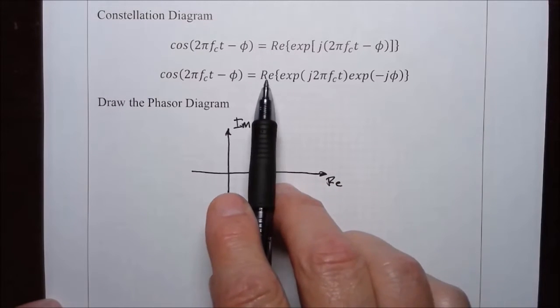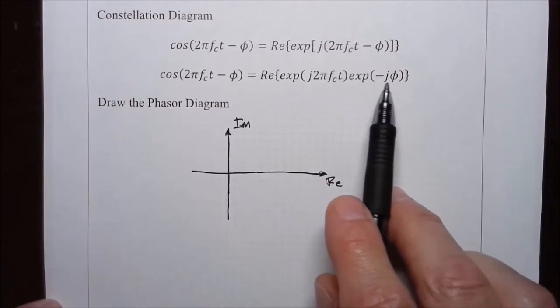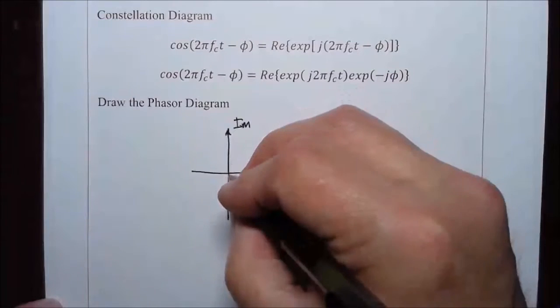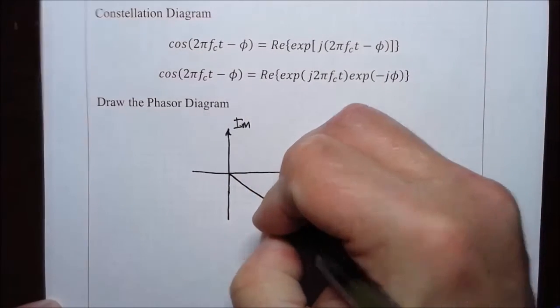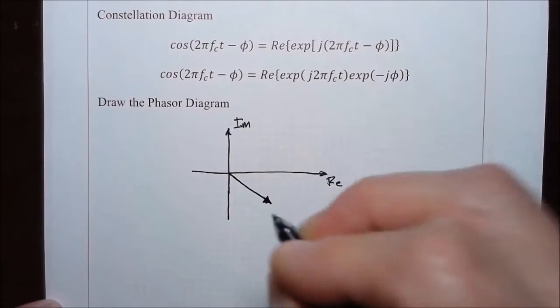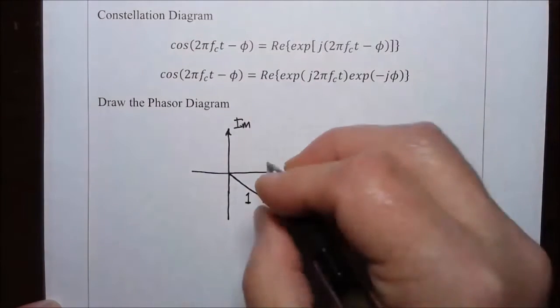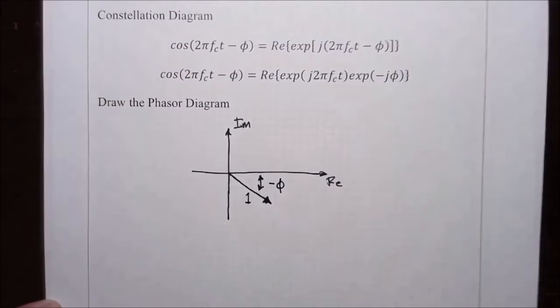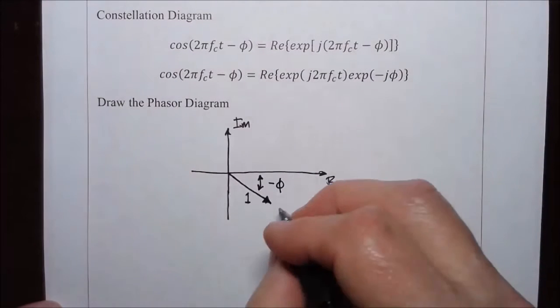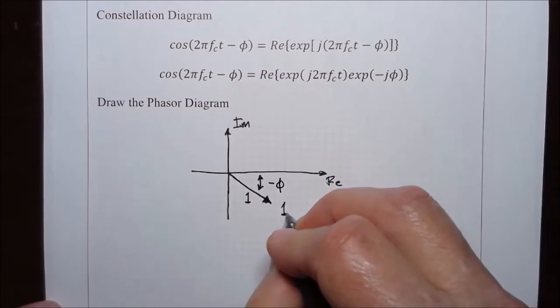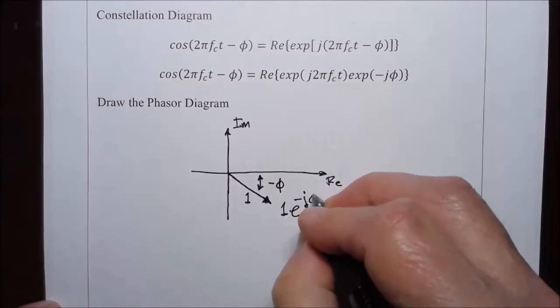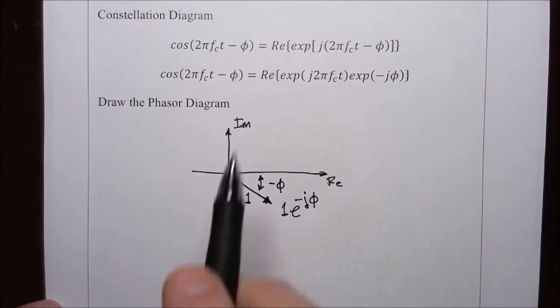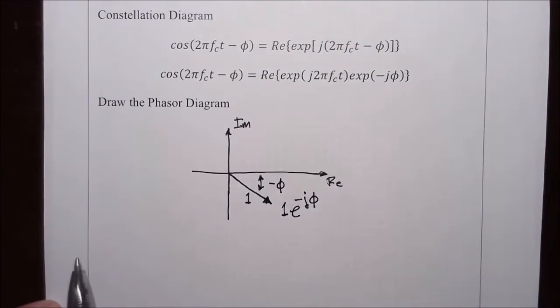It has an amplitude of 1 and an angle of minus phi degrees. So you would draw the phasor like this. This would be 1 times e to the minus j phi. That's the phasor representation for this cosine.